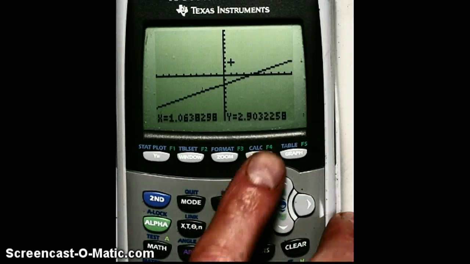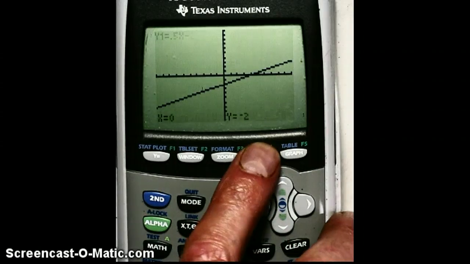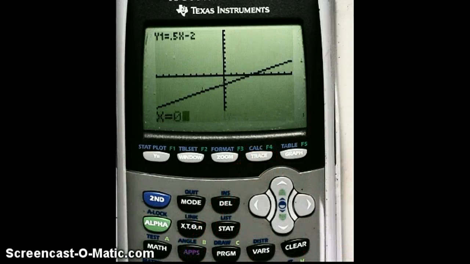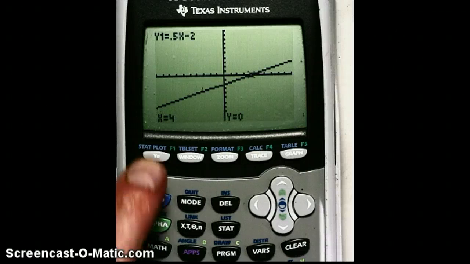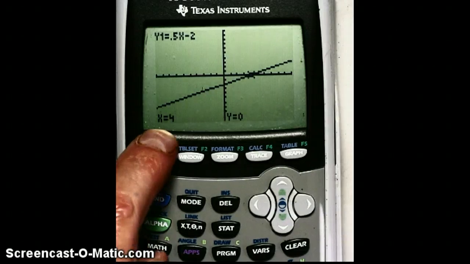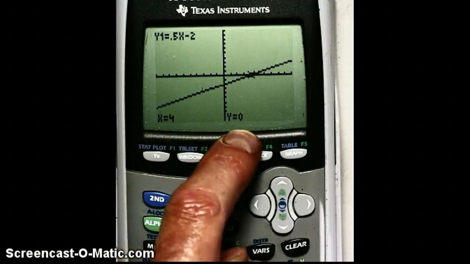All right, so I got a question. If I was going to hit trace and I'm going to press the key 0, I would have a point. I would have my y-intercept. By the way, could you figure out what the x-intercept would be? If I hit 4, okay, that would be my x-intercept. And please keep in mind, this is the x value and this is the y.